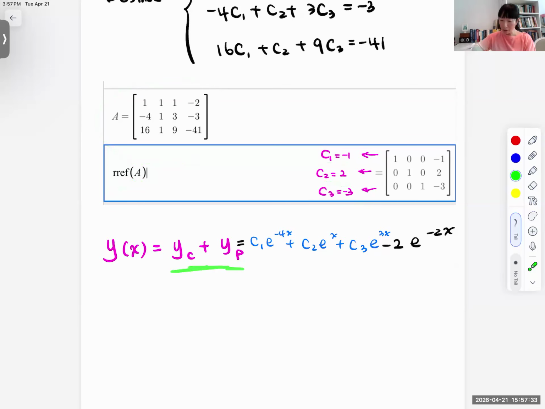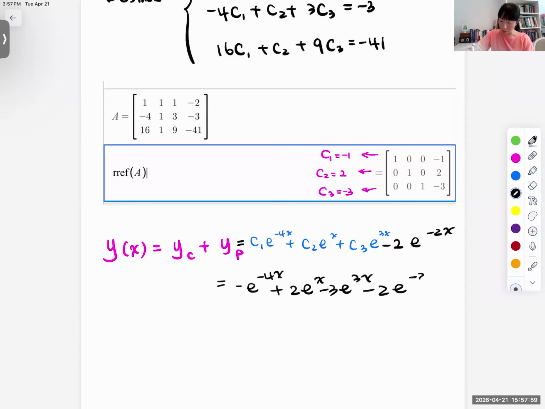Then I brought up the complementary solution, so we can substitute, right? So there will be C sub 1, which is negative 1, e to the negative 4x, plus C sub 2, which is 2 e to the x, plus C sub 3, which is negative 3, e to the 3x, and minus 2 e to the negative 2x, which is y of x.